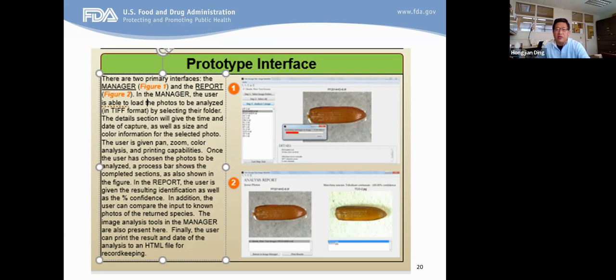This system only has two windows. The first window asks you to load your image, and then you say, okay, go through the identification. That bar will go through, and the computer will match your image against the database, and the algorithm will calculate the most likely match and give you a result.